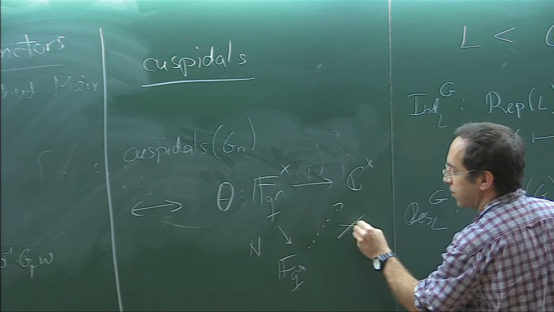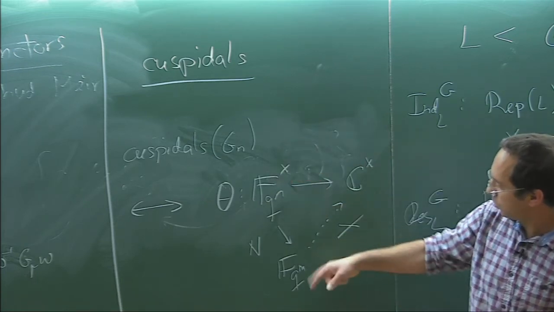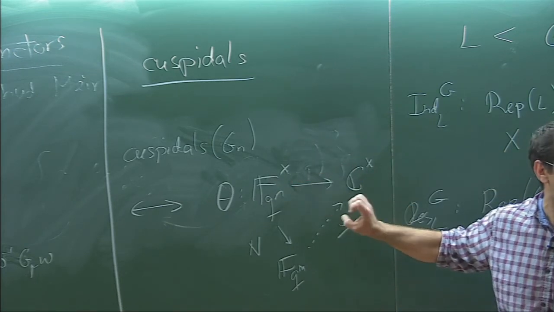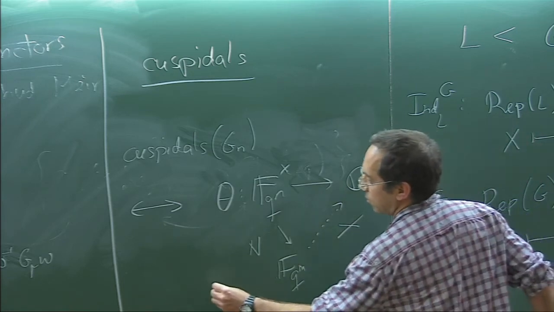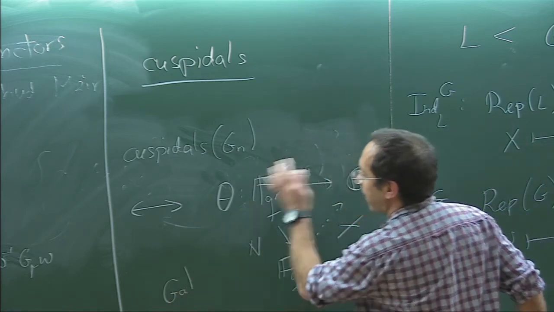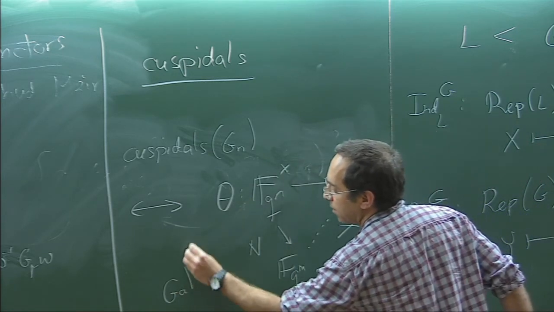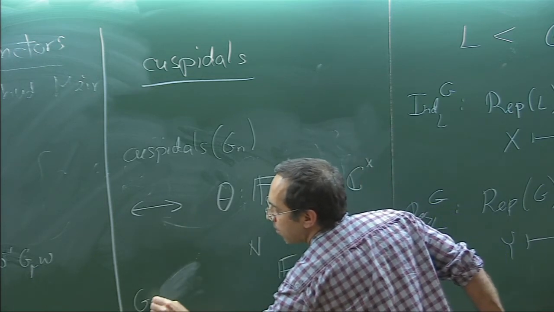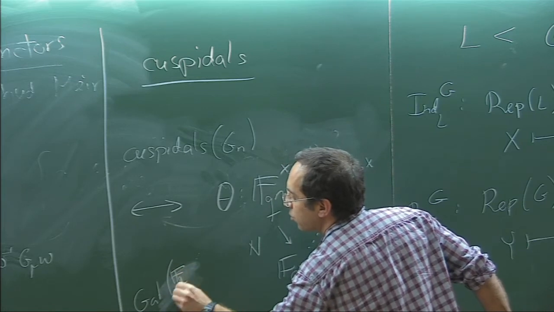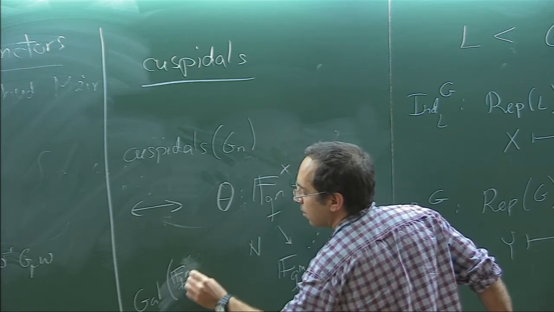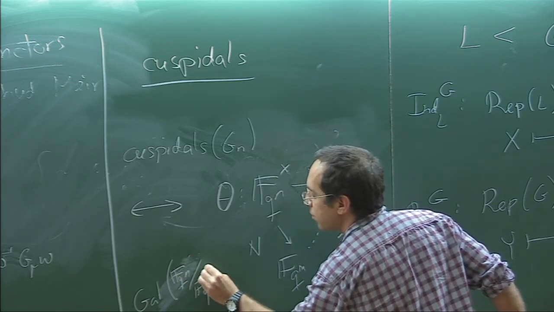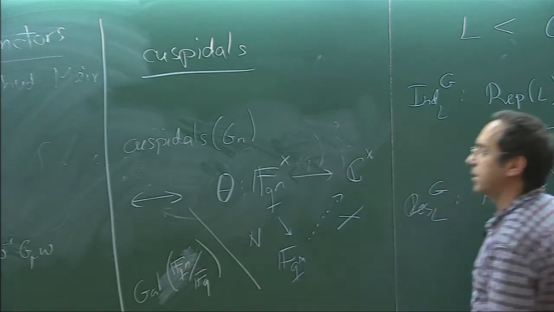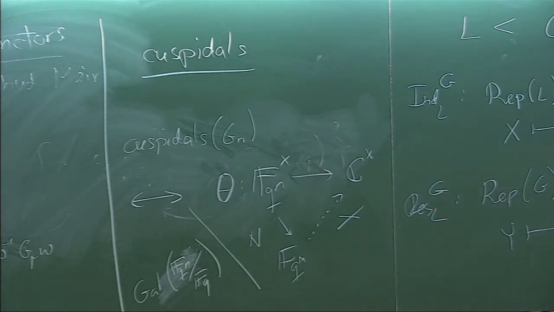So these we do not take. If the characters factor, we do not take them. And there are also relations between them, and we need only Galois orbits of these. The Galois group of F_q^n over F_q, and we take orbits of these characters.